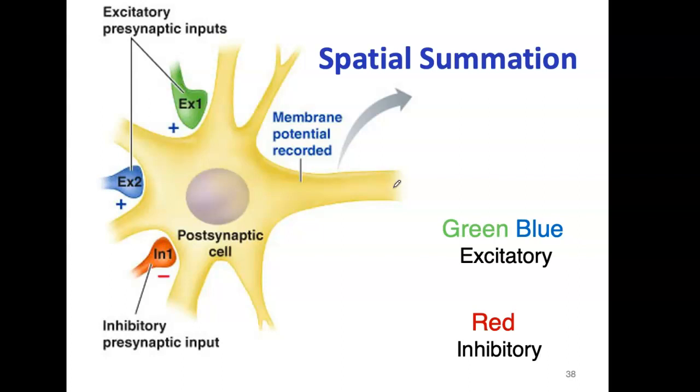This is more pictures of a spatial summation where you have inhibitory and then a couple of excitatory indicated by the plus sign. And then a membrane potential that will or will not fire depending on whether this inhibition was large enough or not.